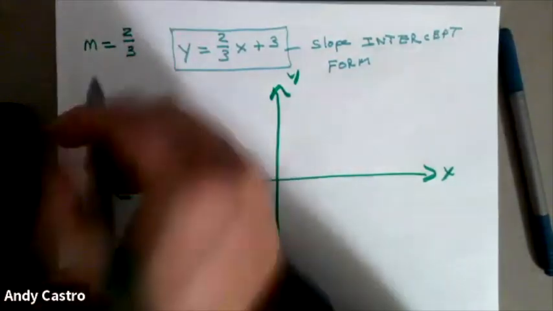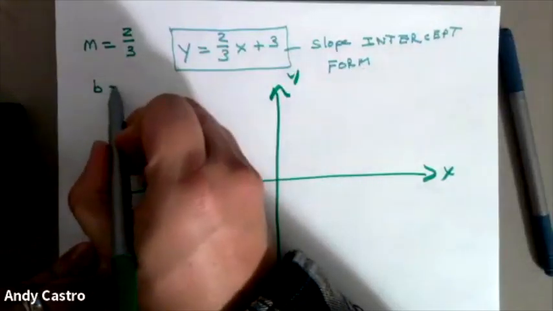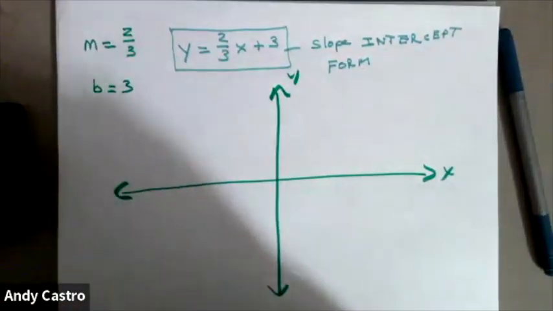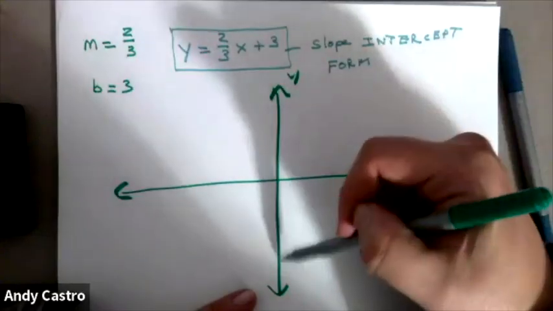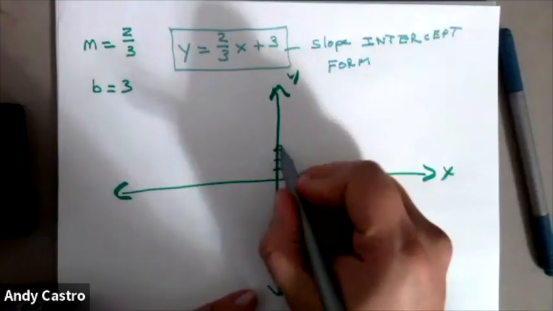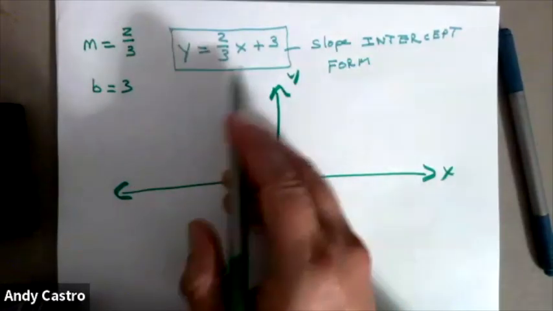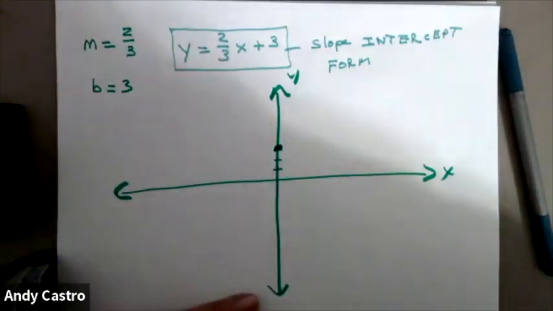I also know where it crosses the y-axis. That's that b, 3. So the first thing I'm going to do is I'm going to come over here to the y-axis. I'm going to find 3 on the y-axis, and I know that point because the equation gives that to me.